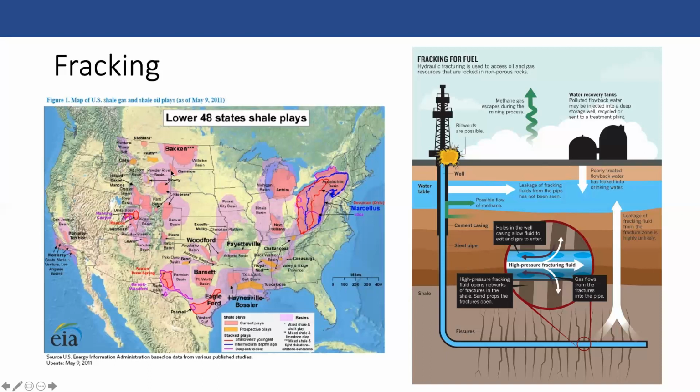There's the Bakken Shale reserves up in Montana, North Dakota. If you ever travel through there, you'll see these things called man camps, where there are these miners who go from location to location, taking advantage of the available resource.